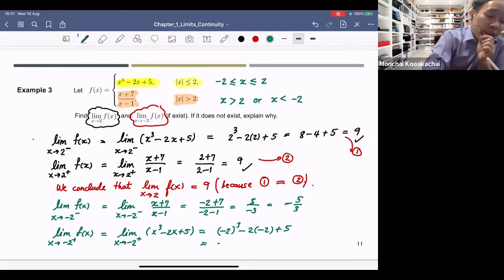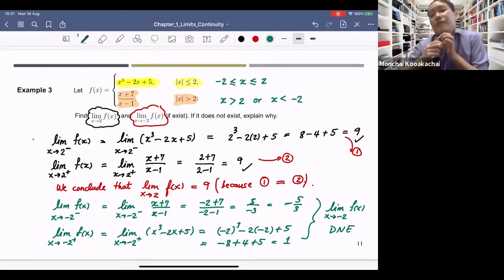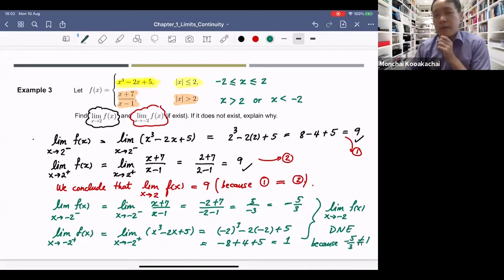This is negative 8 plus 4 plus 5, which is 1. And they are not equal to each other. So this means the limit of f(x) when x approaches negative 2 does not exist, because negative 5/3 is not equal to 1.